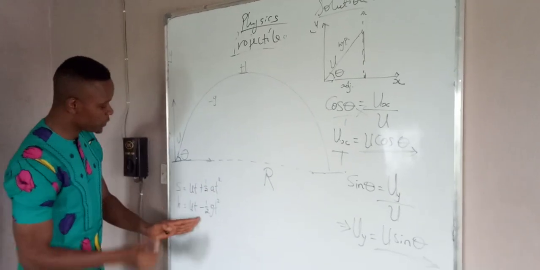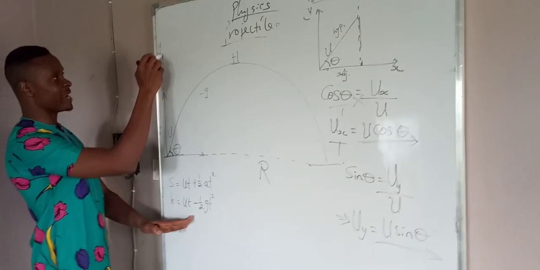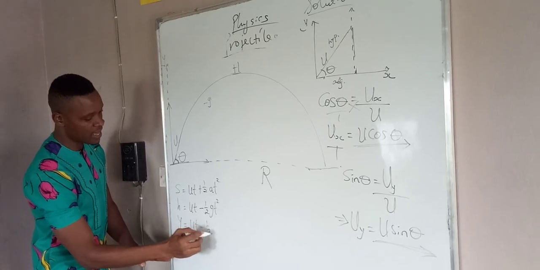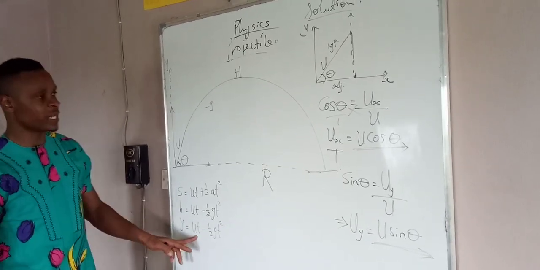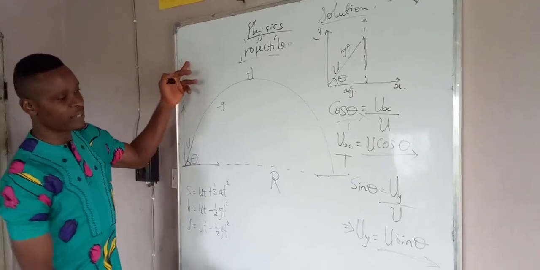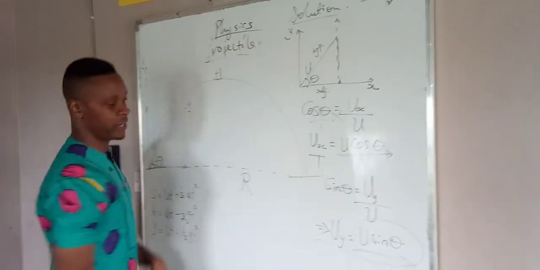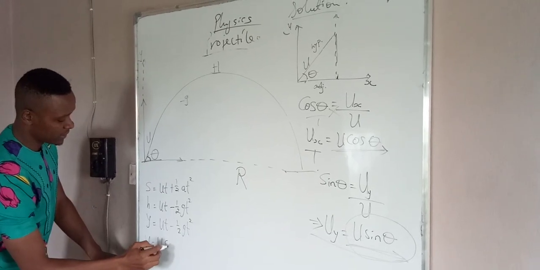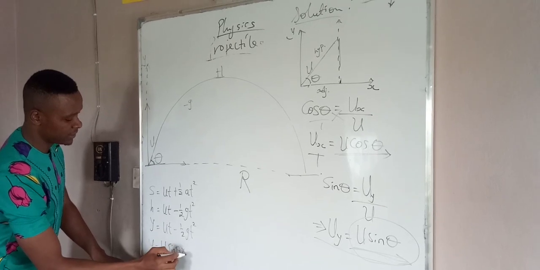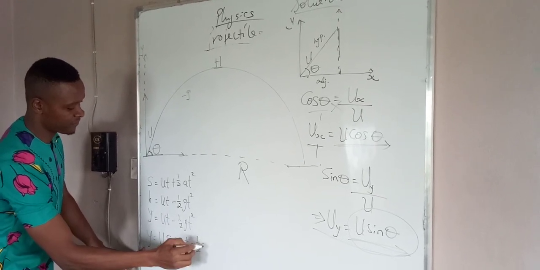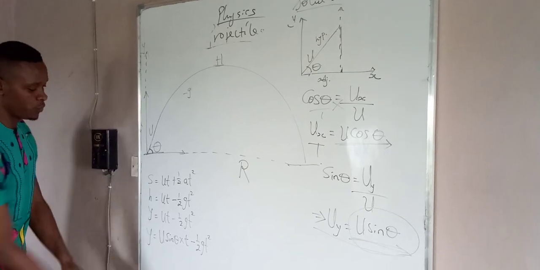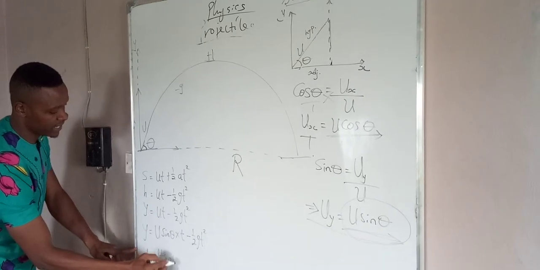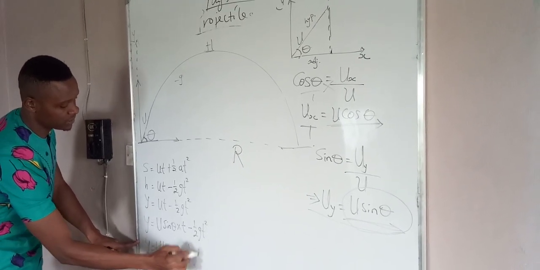Now substituting this, since it is in y direction, this becomes y equal to ut minus half gt squared. But recall that the effective value of u in the vertical direction is this. So let's bring that in now. y becomes u sine theta times t minus half gt squared, which we can finally write as y equal to ut sine theta minus half gt squared.